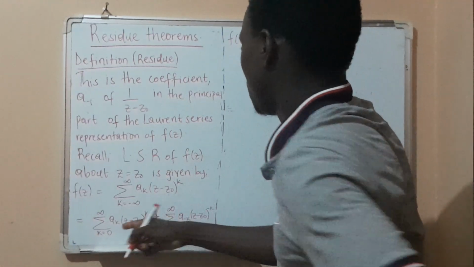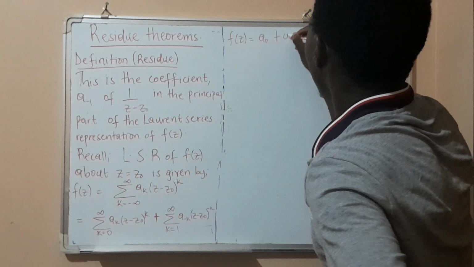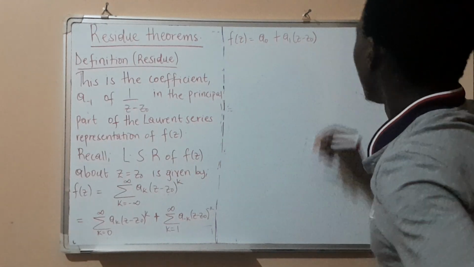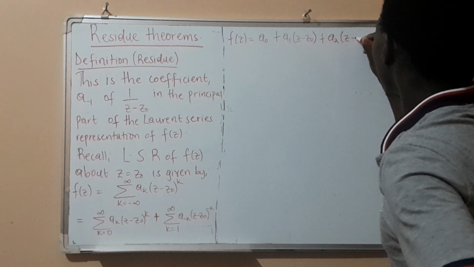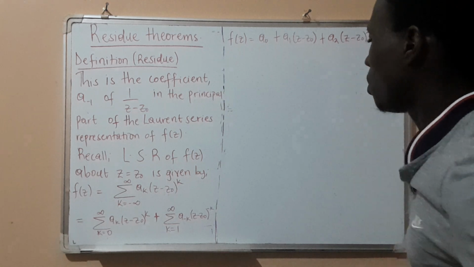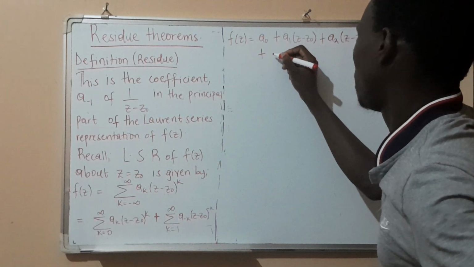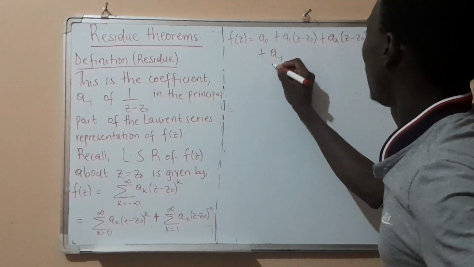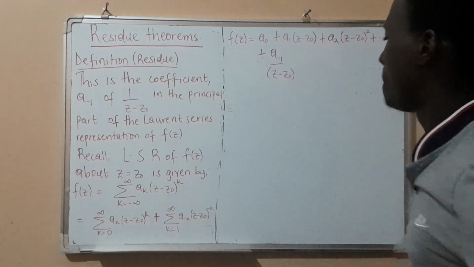If we substitute k equals 1, we shall get plus a -1 over (z minus z naught) power 1.